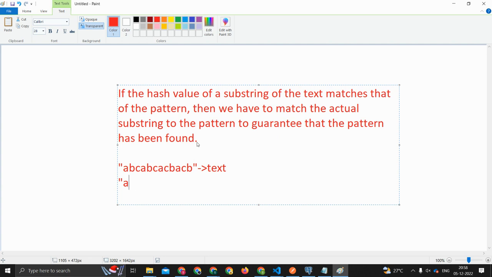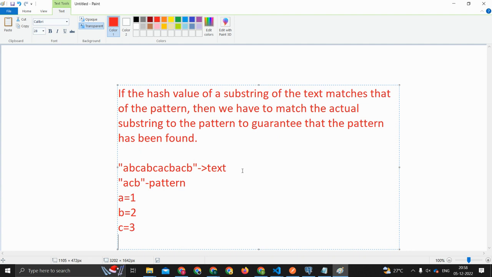Let's say ACB is the pattern that I'm trying to search. We give A the value 1, B is 2, C is 3, so some numerical value to each character.